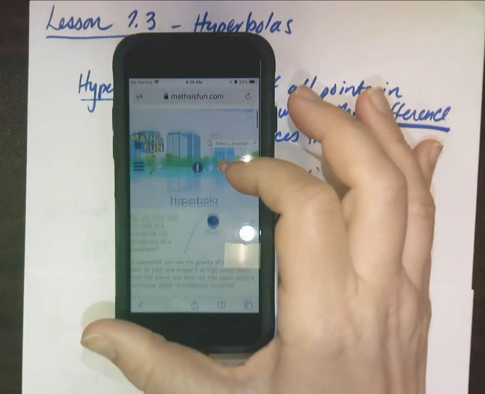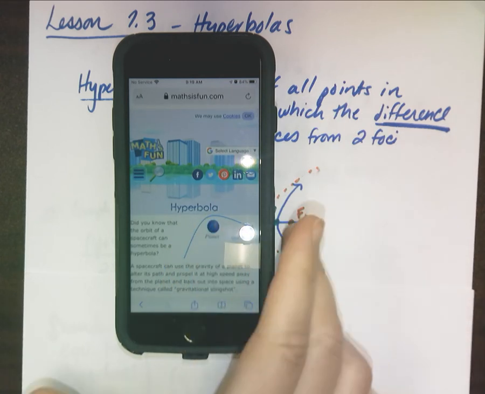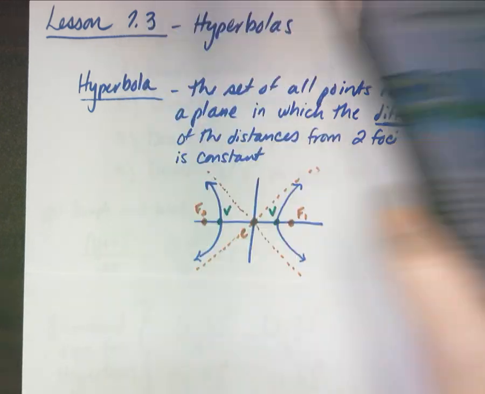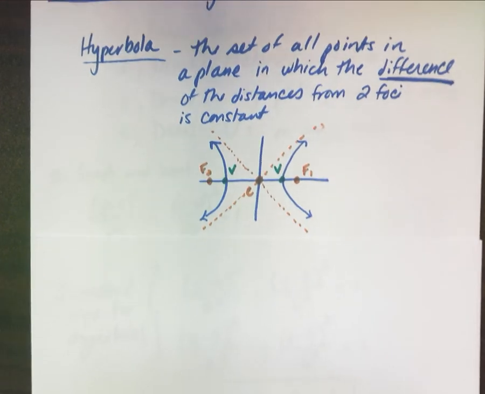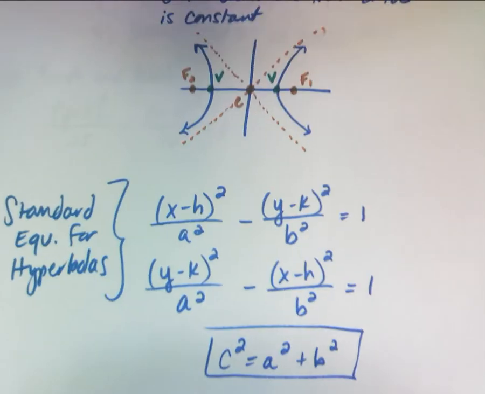Actually, the path of a spacecraft usually travels along the hyperbolic shape. So pretty neat indeed.